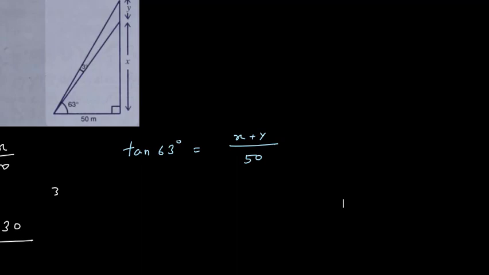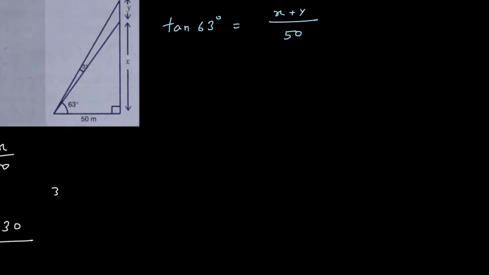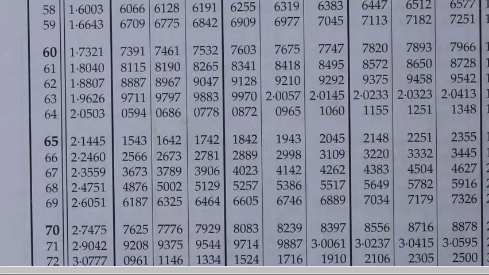Okay, let us write this here. Not 63, it is 66 degree. Again we will look at the tangent chart, and for 66 degree it is 2.246.